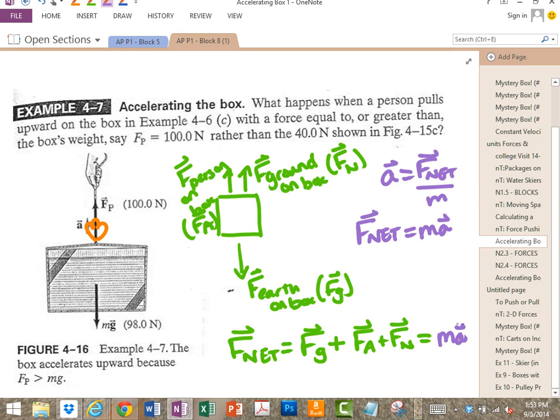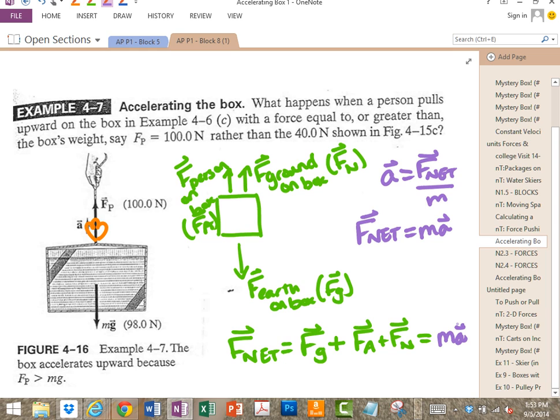Now, do we know the normal force? No. Kind of. Because it can't float off the ground. Why? Because there's more force in the up direction than the down direction, then it's not touching anything. Does that make sense? Remember when we talked about the normal force, it's not one of those things that there's an equation for. It will vary depending on what else is going on.